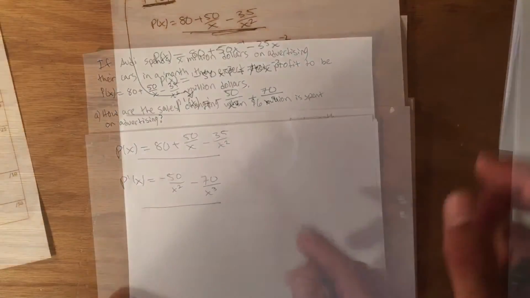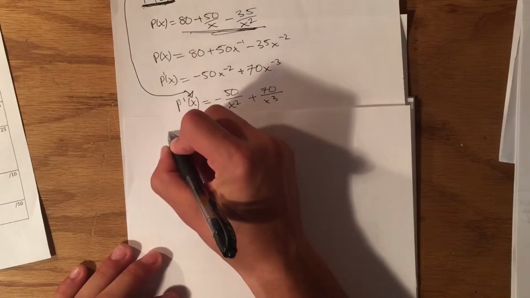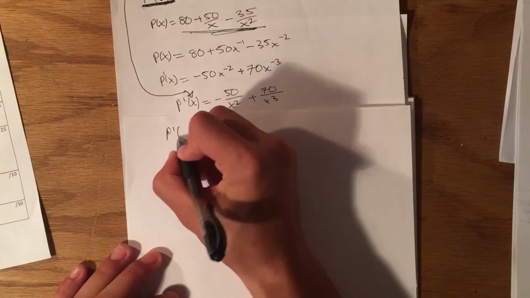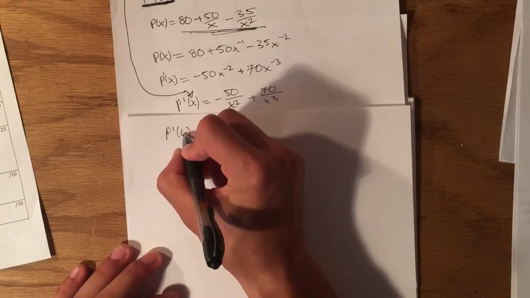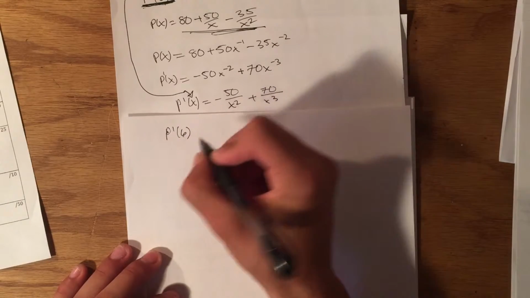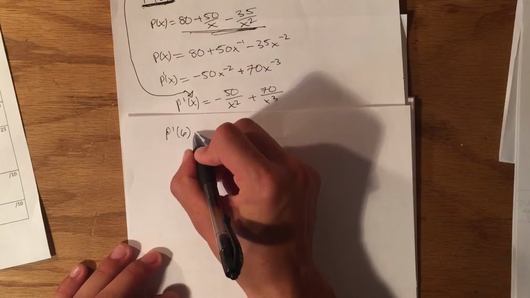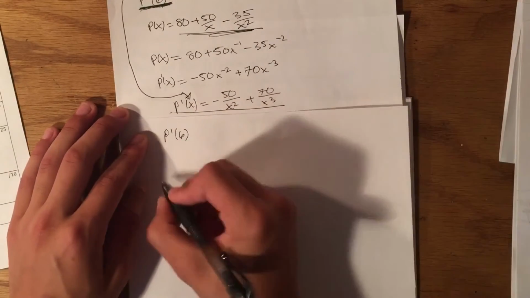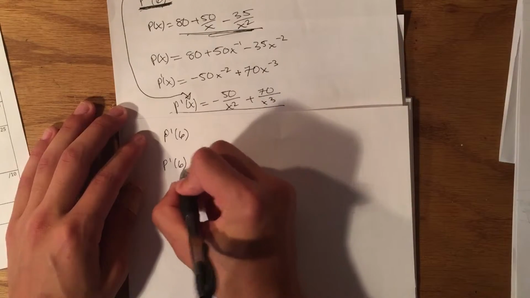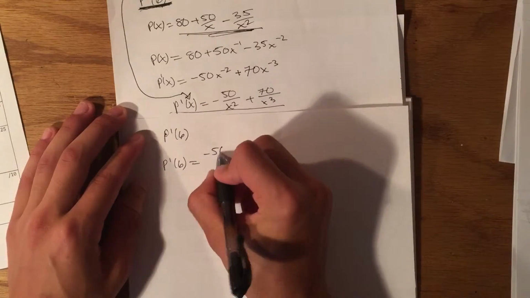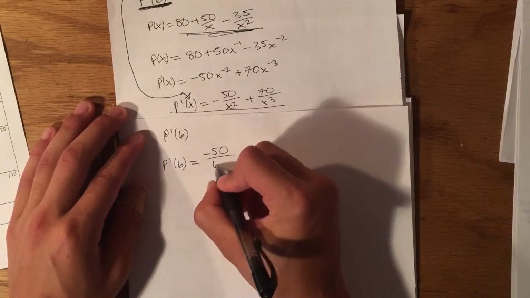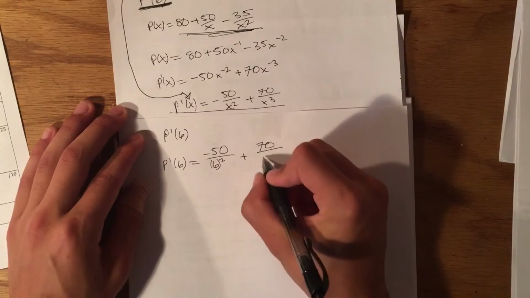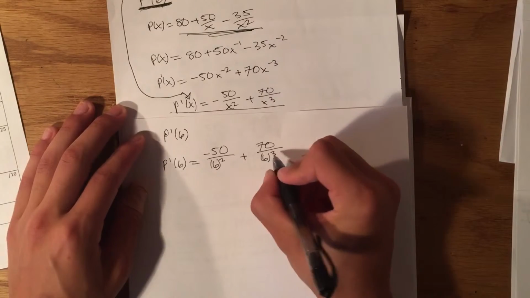Now, when we plug 6 into P prime of X, we substitute 6 for X, so we get P prime of 6. We plug it into our derivative function, so we get P prime of 6 equals negative 50 over 6 squared plus 70 over 6 cubed.